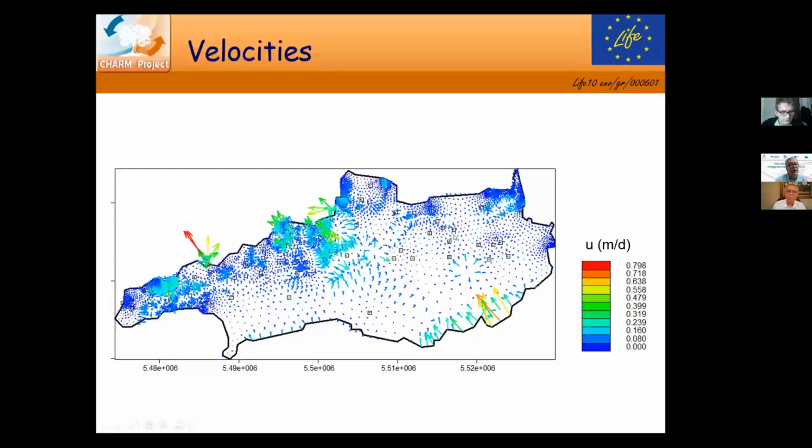As you can see, we have very low velocities, and it's a very good thing that this happens in the area. Due to the chromium pollution, the small groundwater velocity helps to protect the area from spreading the chromium over a larger area.